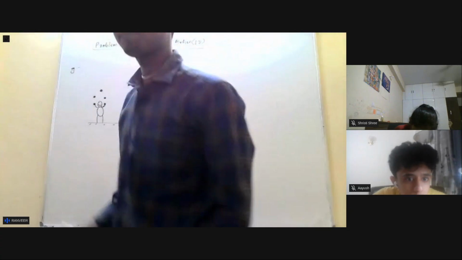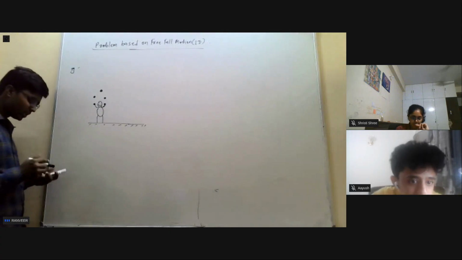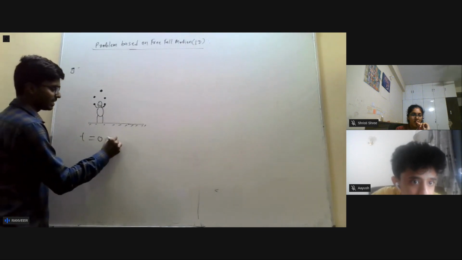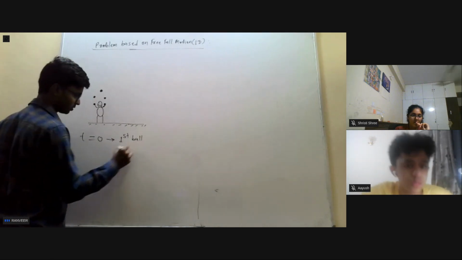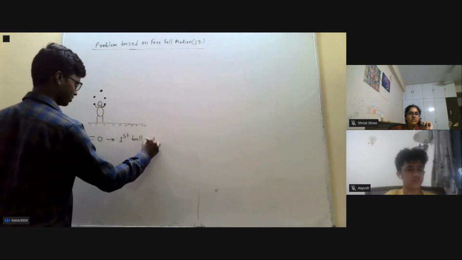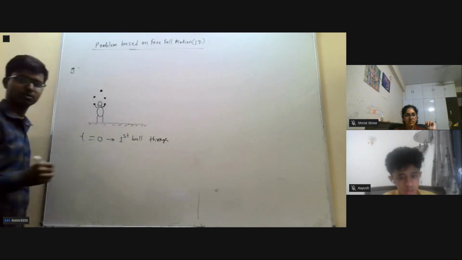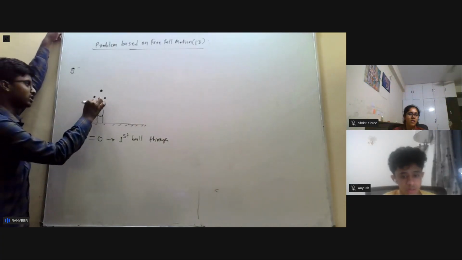Let's see. At t equal to 0, let's say they throw the first ball. In his right hand, he throws the first ball.